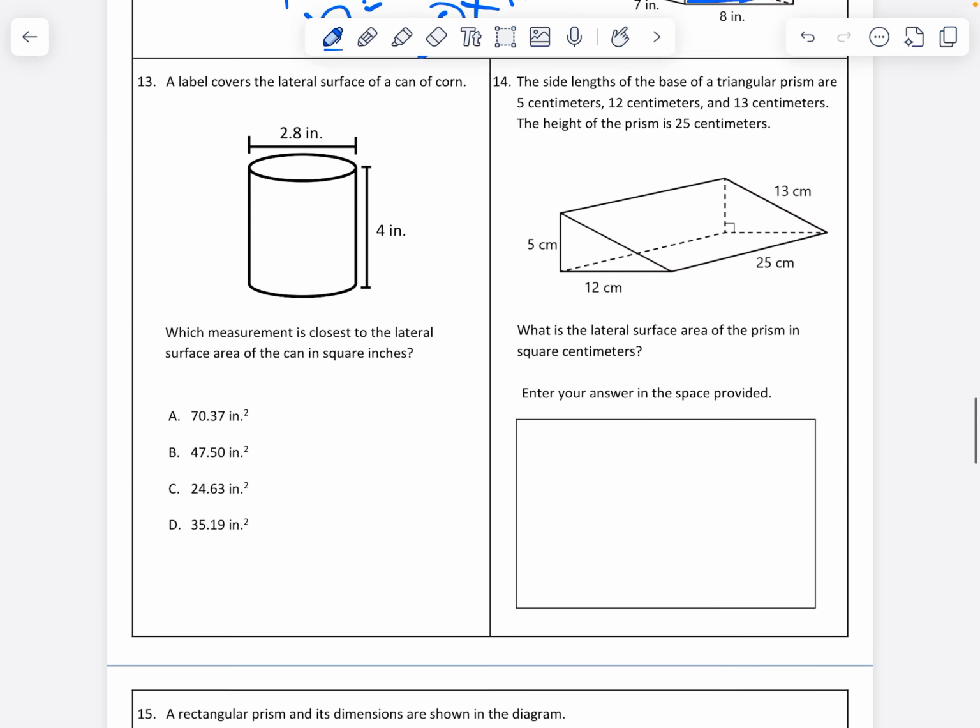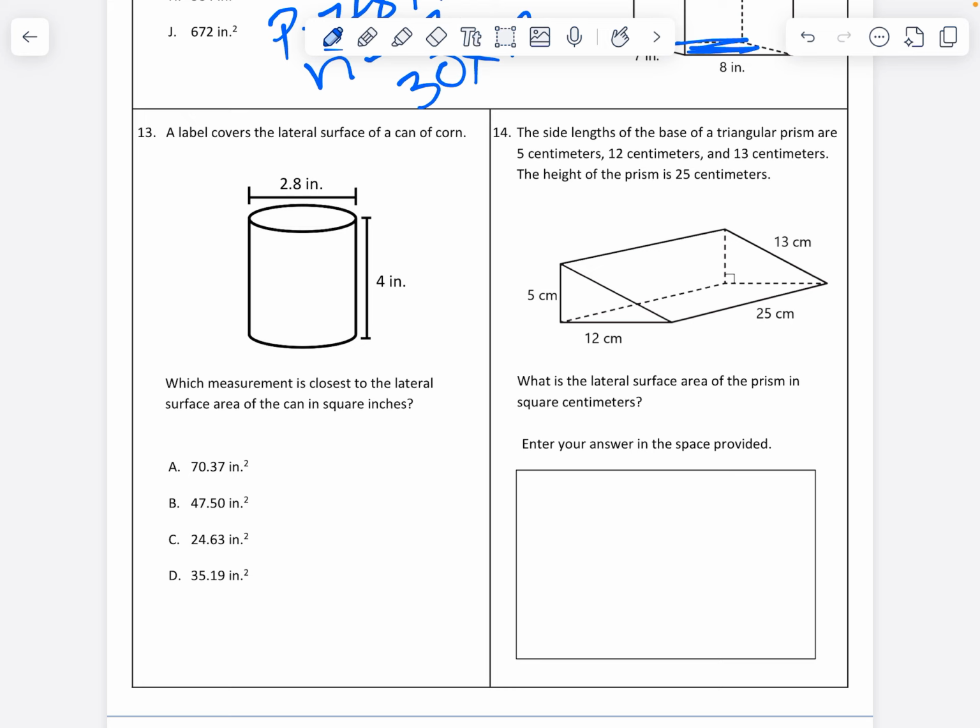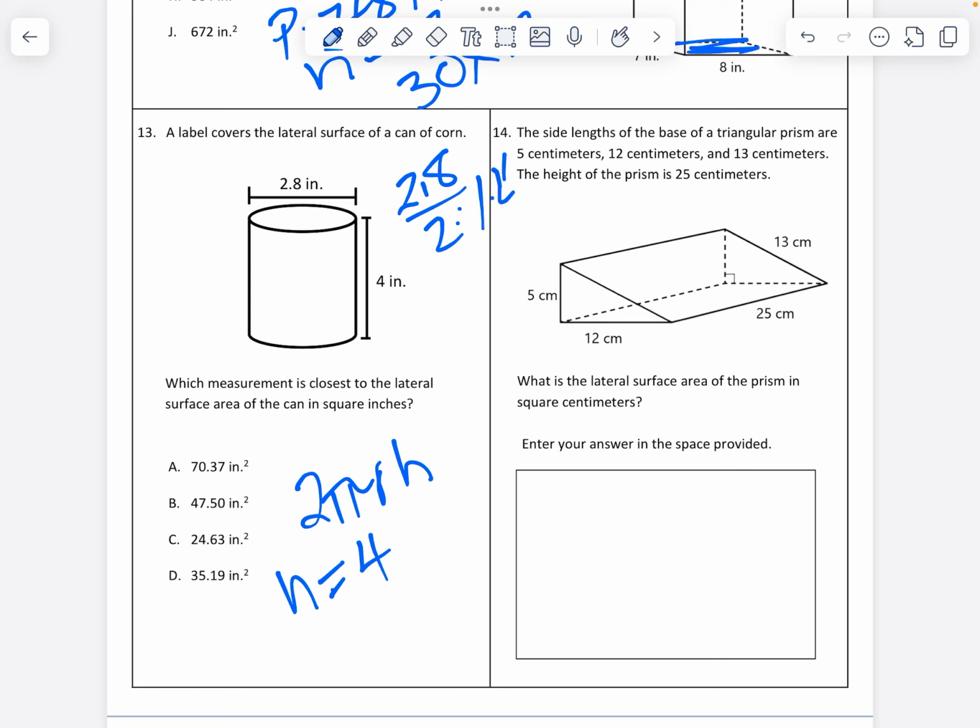All right, number 13. A label covers the lateral surface area of a can. Which measurement is closest to the lateral surface area? So that's 2 times pi times radius times height. I have a diameter and a height. My height is easy to tell, it's 4. But I have a diameter, so I have to do 2.8 divided by 2, which is 1.4. So my radius is 1.4.